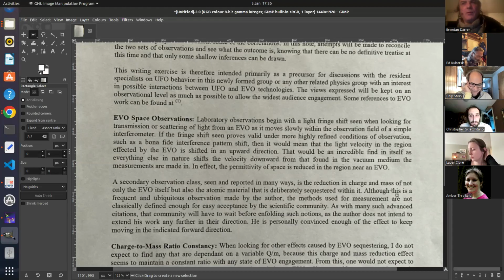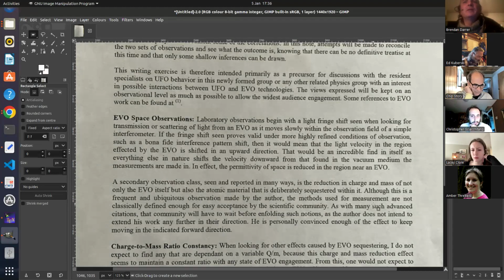Although this is a frequent and ubiquitous observation made by the author, the methods used for measurement are not classically defined enough for easy acceptance by the scientific community.